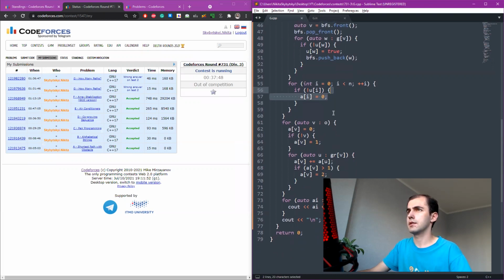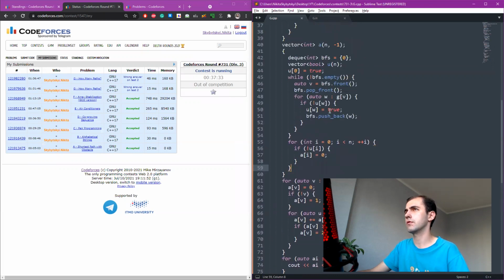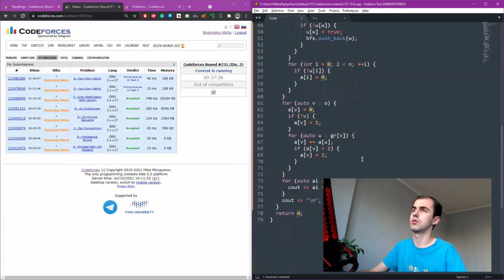I set to 0 the answer for all vertices that are not reachable from root, which is exactly what I should.